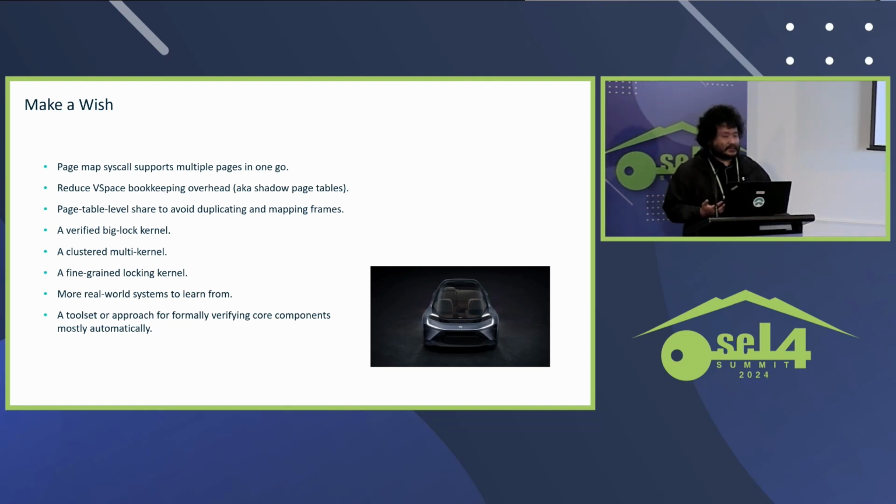But now with user mode, we have the shadow page tables. And maybe also page table level sharing to avoid duplicating frames one by one. Not sure how feasible that is. Maybe German can tell.